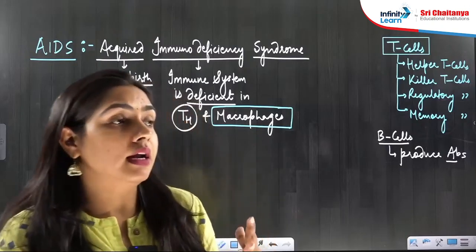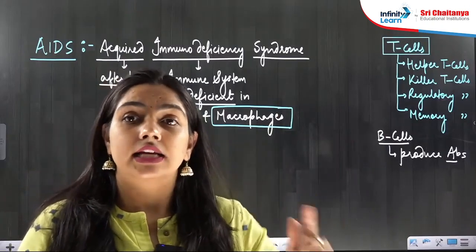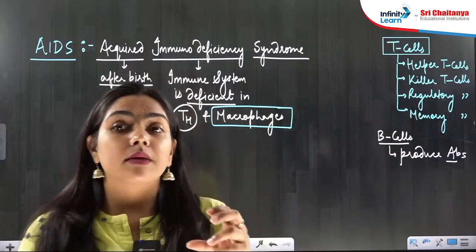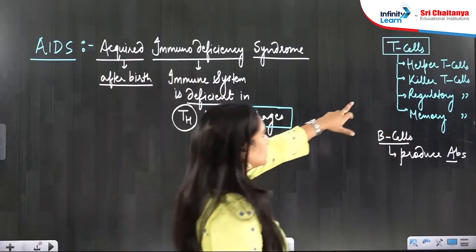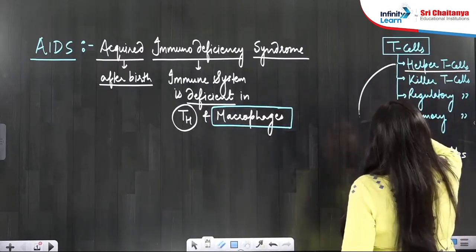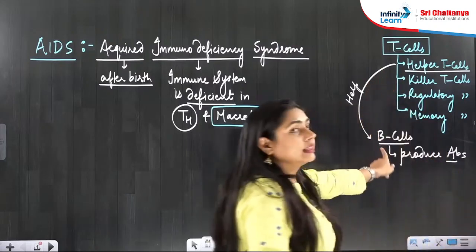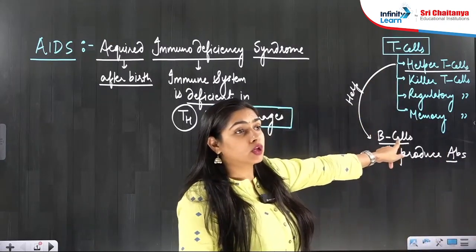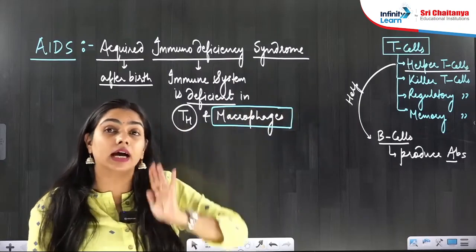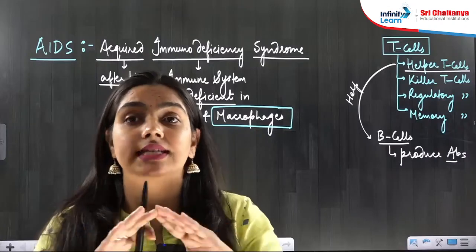So helper T lymphocytes will help the B lymphocytes in production of the antibodies. That's why their name is helper T cells. These helper T cells help B cells, and also help the other T cells. So helper T cells are very, very important cells.